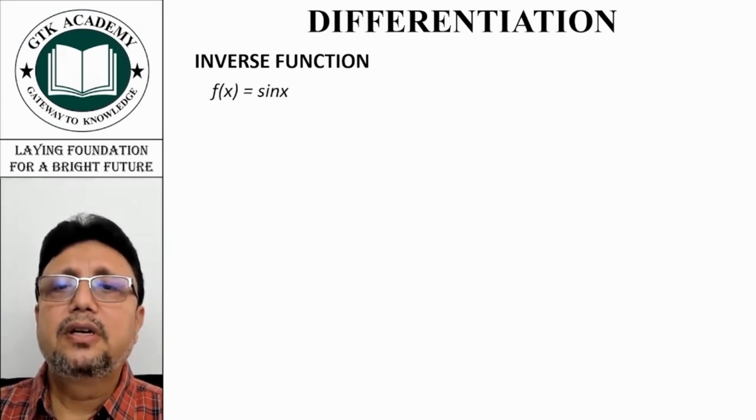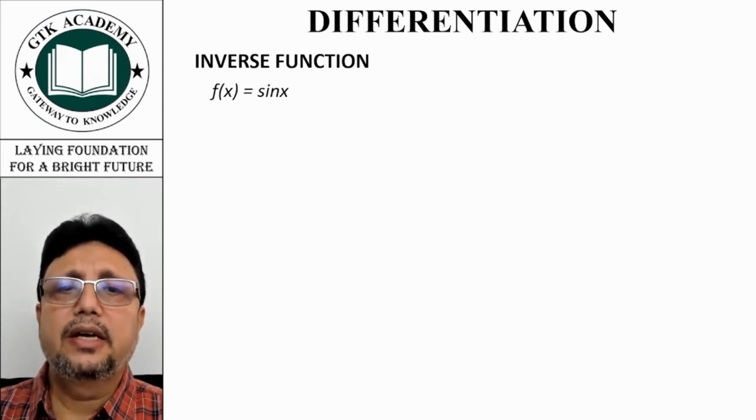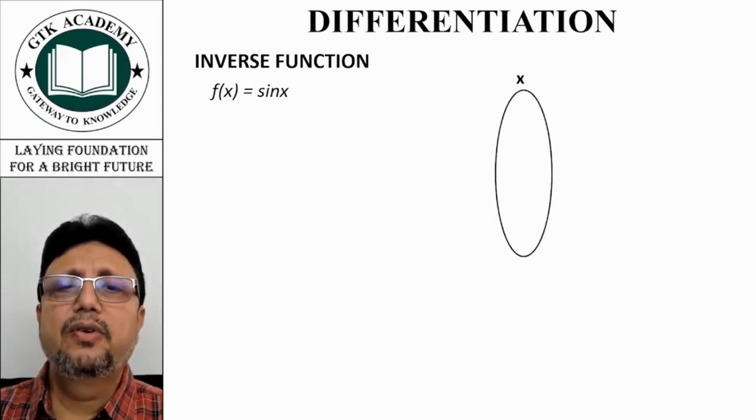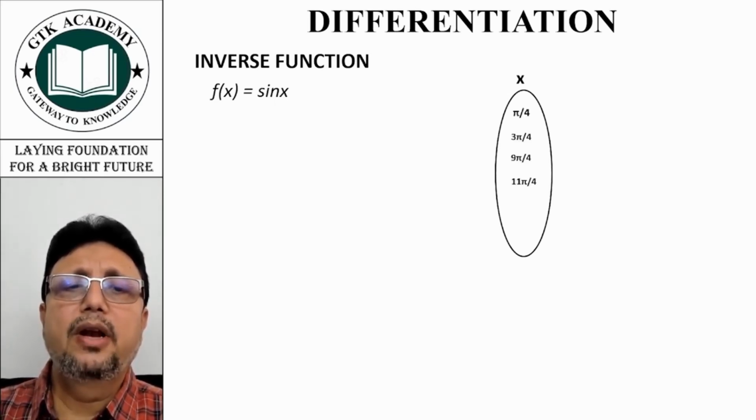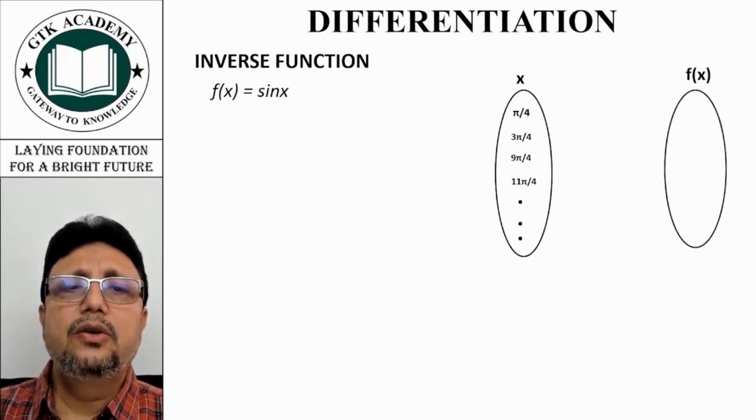For example, you have a function f(x) = sin x. You have the domain x, which will have all real numbers, infinite numbers. If we take some numbers as pi by 4, 3 pi by 4, 9 pi by 4, 11 pi by 4, and so on, there will be many. And in f(x), that is y, you have again infinite values.